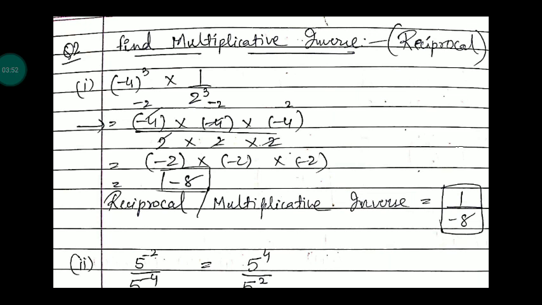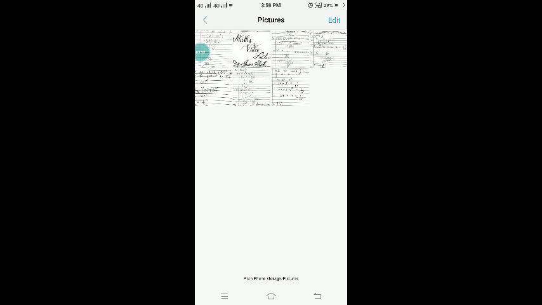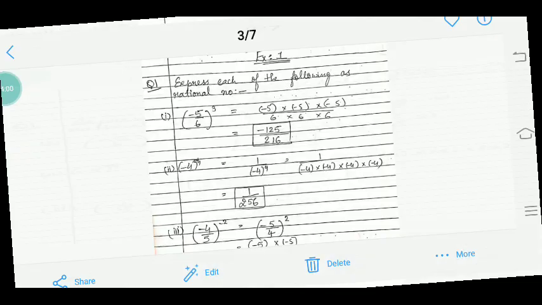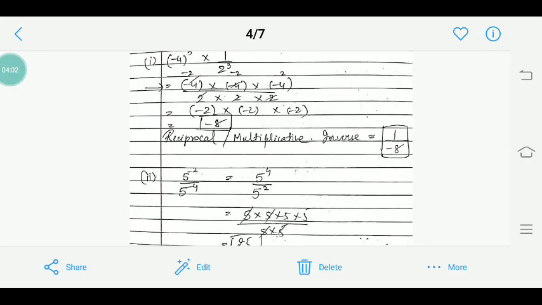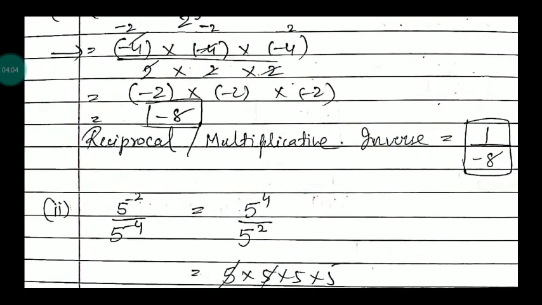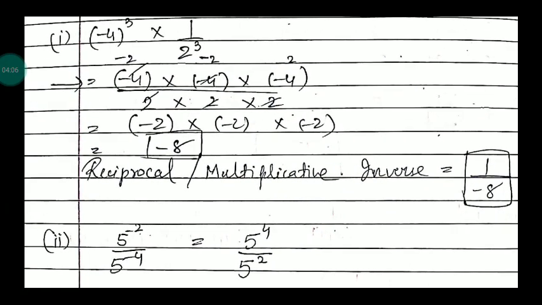So multiply by the cutting and divide by the cutting method and get the answer. You will get minus 8. Now the multiplicative inverse of the answer we obtained is 1 upon minus 8.